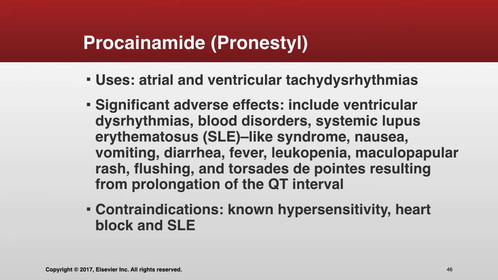Procainamide is used for atrial and ventricular tachydysrhythmias. There are significant adverse effects associated with this drug, including ventricular dysrhythmias, blood disorders, systemic lupus erythematosus-like syndrome, nausea, vomiting, diarrhea, fever, leukopenia, maculopapular rashes, flushing, and torsades de pointes, resulting from prolongation of the QT interval.